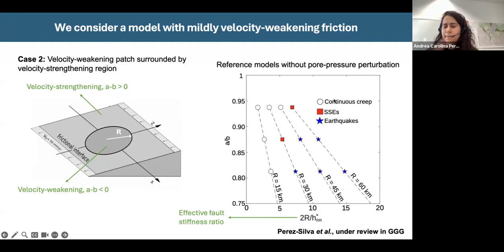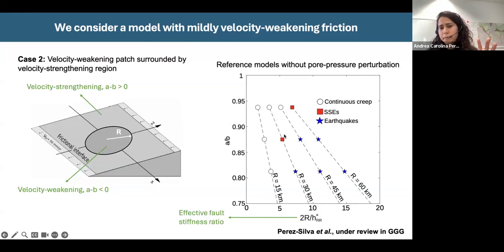We can see different slip behaviors, from continuous creep, SSEs, and earthquakes. We're assuming very mildly velocity weakening properties, and we are also considering changes in this effective fault stiffness ratio that, as I mentioned in the previous model from Liu and Rice, controls where slow slip events occur.